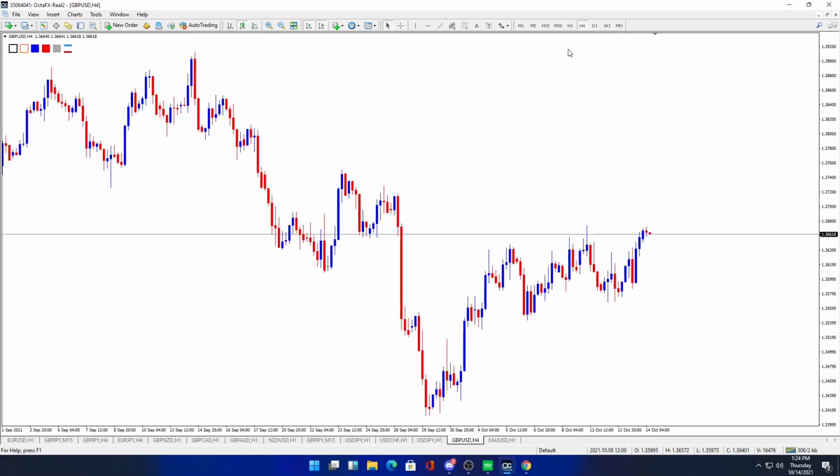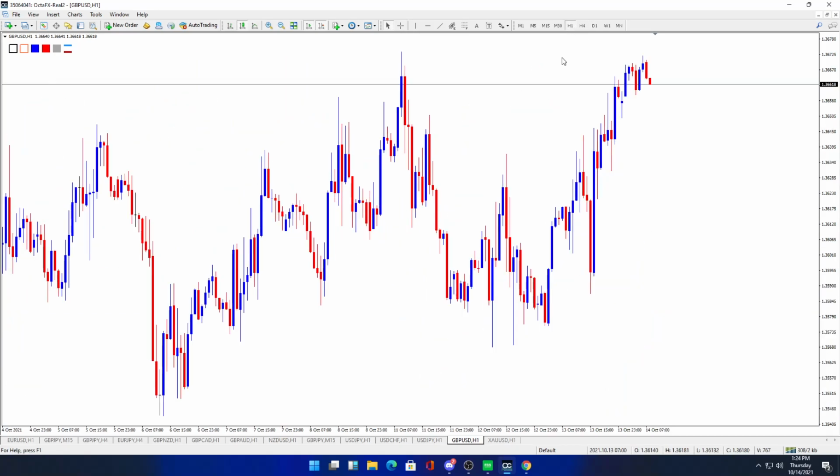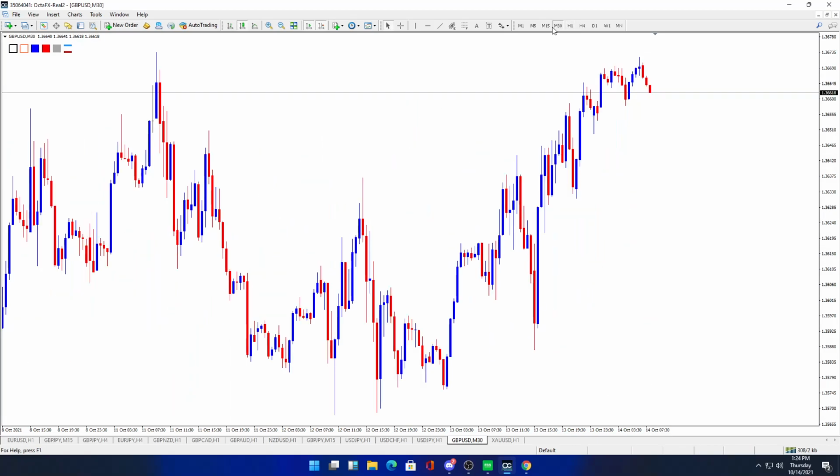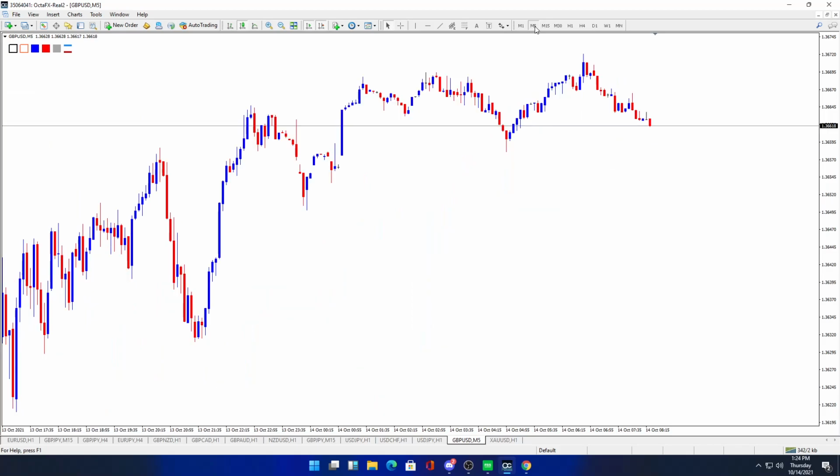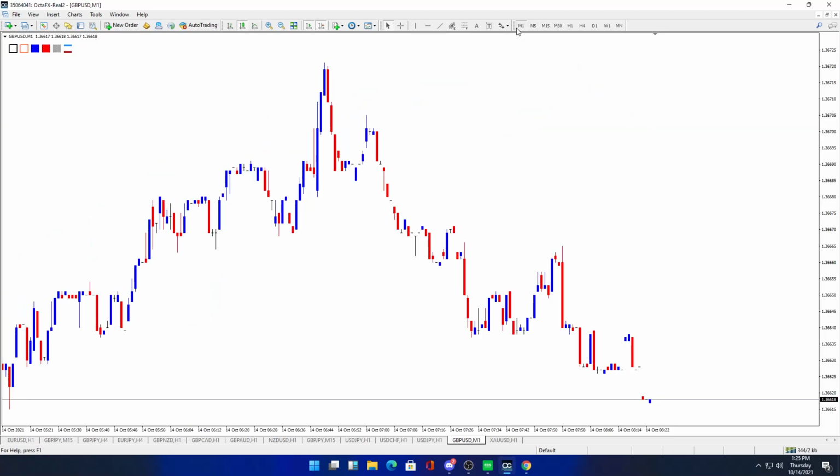H4 is a 4-hour candle. H1 is a 1-hour candle. M30 is a 30-minute candle. M represents minutes. M15 is a 15-minute candle, M5 is 5 minutes. M1 is the smallest time frame that we have on the platform.